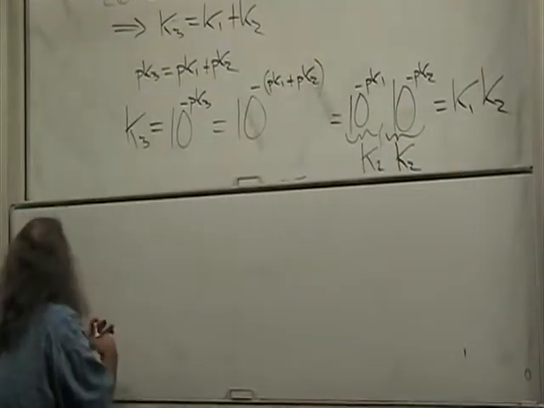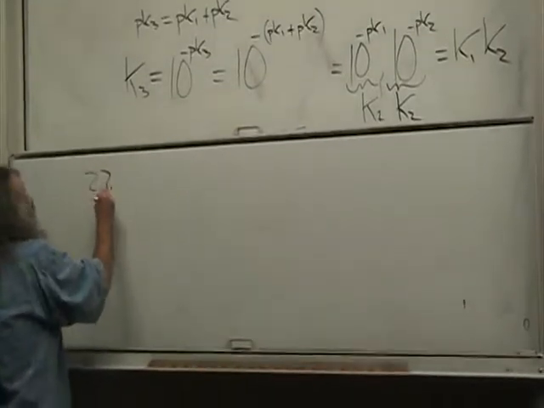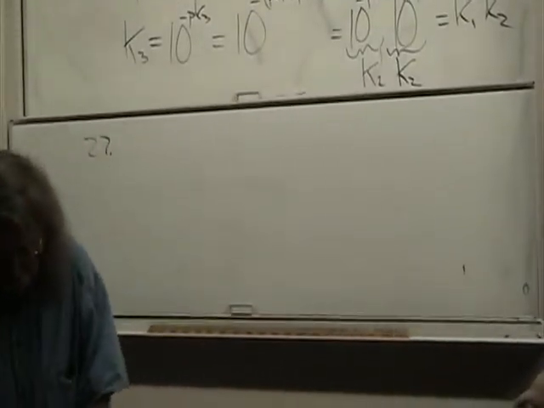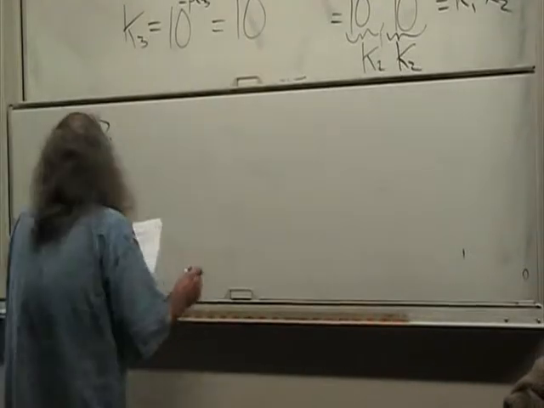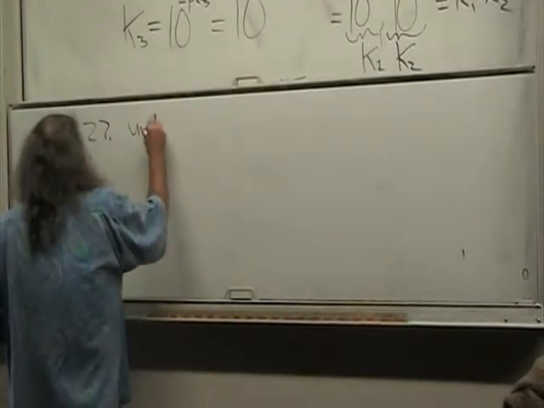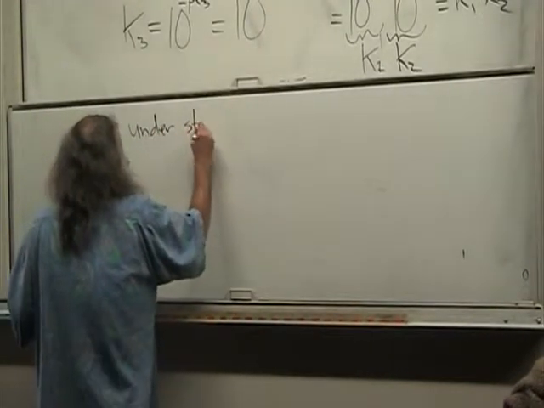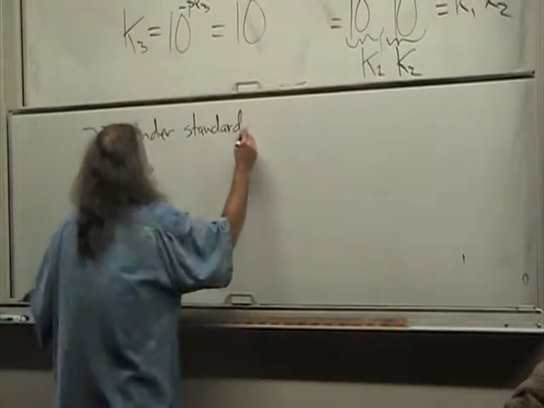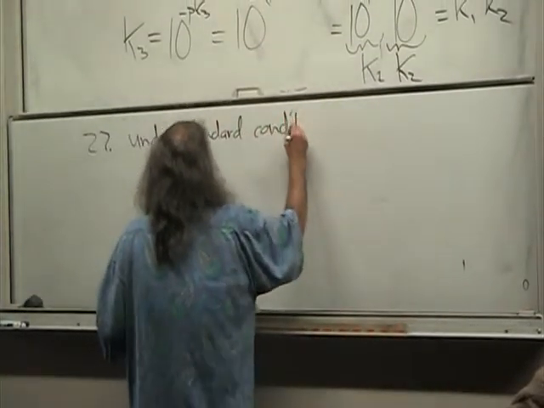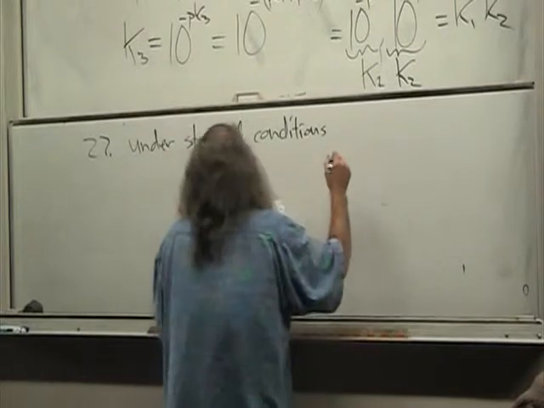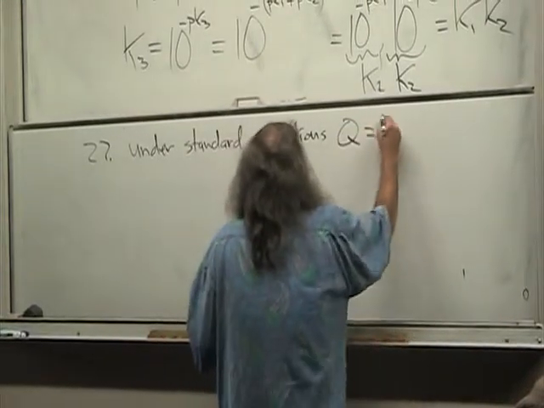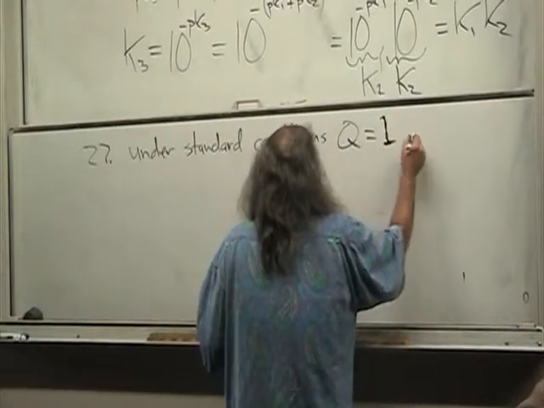Now 27. Under standard conditions, Q equals 1 always.